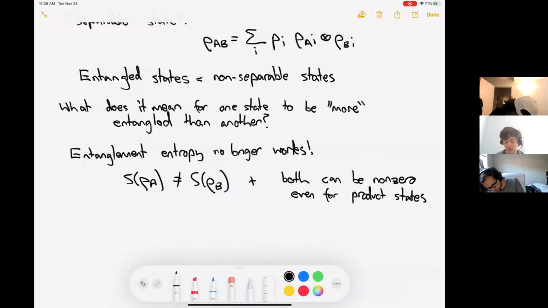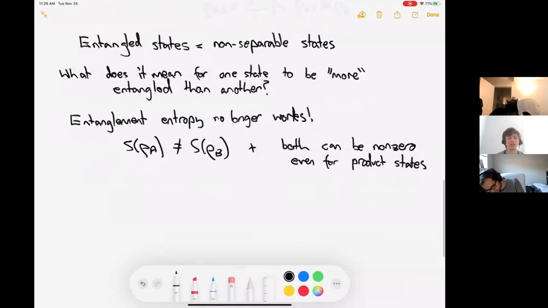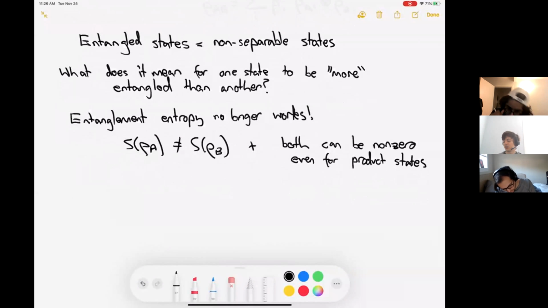So we're going to need to be a bit more sophisticated, and the attitude that's developed over the last few decades in quantum information is that the right way to define something like entanglement is to define it in terms of what you can do with it. That's the motivated way to quantify things like this.